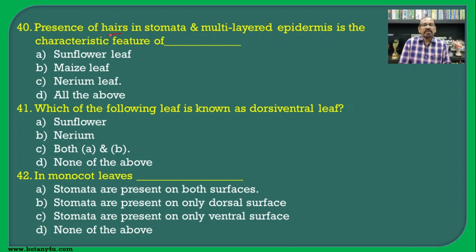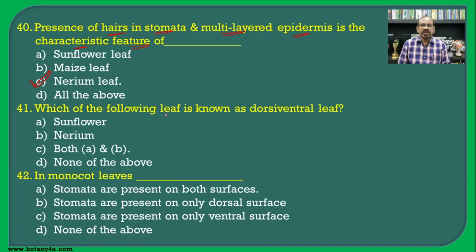Then presence of hairs in the stomata and multi-layered epidermis is the characteristic feature of which leaf? Just in the last question, we have seen that in the nerium leaf there is a presence of multi-layered epidermis and presence of the hairs in the stomata, which show the xerophytic nature, and hence the nerium leaf becomes the answer for this question.